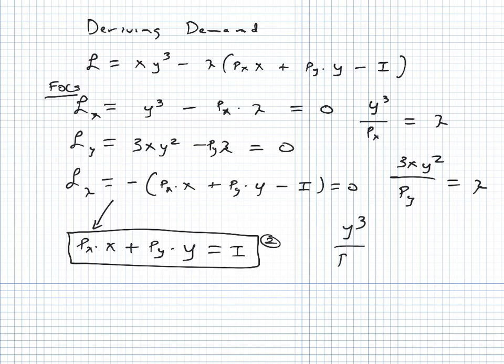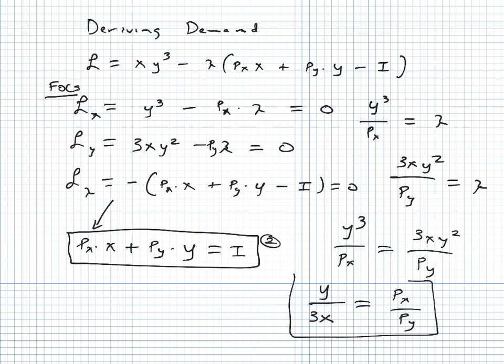So y cubed over px is equal to 3xy squared over py. I want to do a little bit of work on this to simplify it into a slightly more user-friendly format, and what you'll notice is that I get y over 3x equal to px over py. I'm going to put a box around that expression. That's going to be my equation 1.